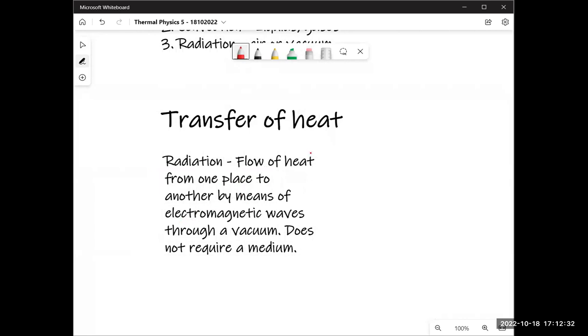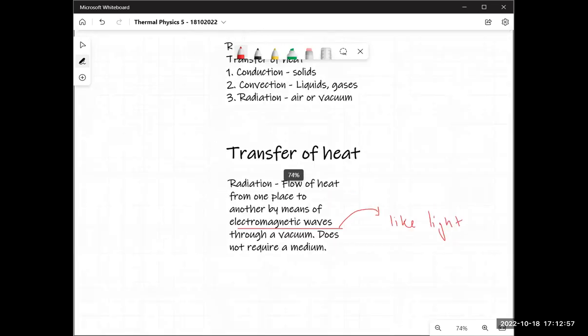Say it in your own words. A flow of heat from one place to another. But I didn't get the electromagnetic waves. Electromagnetic waves are like light. Okay, like light.